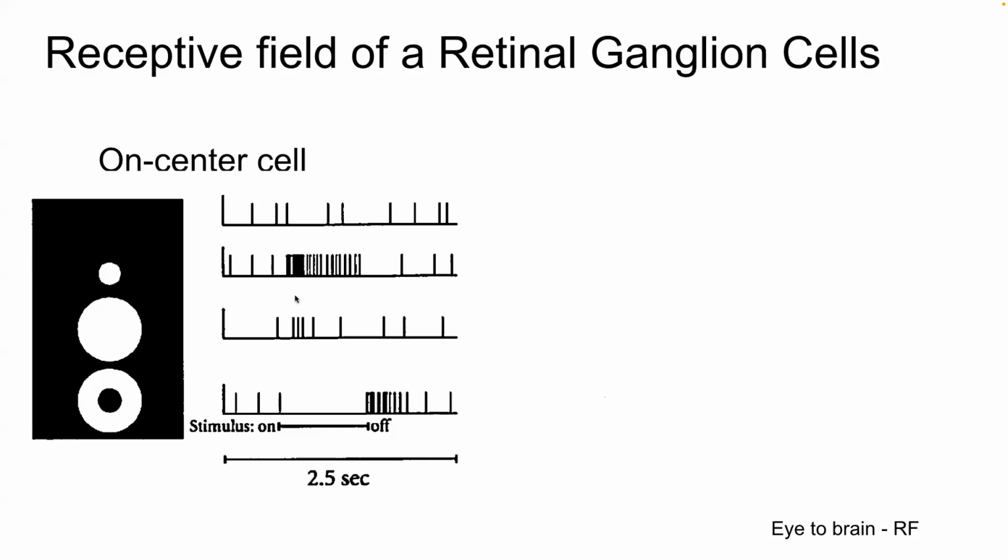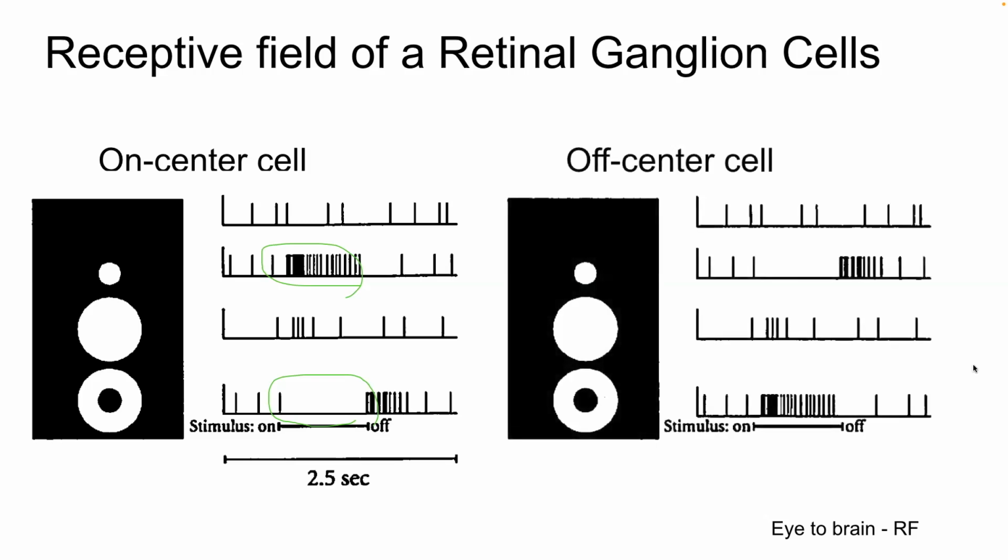And if you show the anti-preferred stimulus, like black against white versus white against black, then it goes even below the baseline. That's the typical behavior of these ganglion cells, or any neurons for that matter.